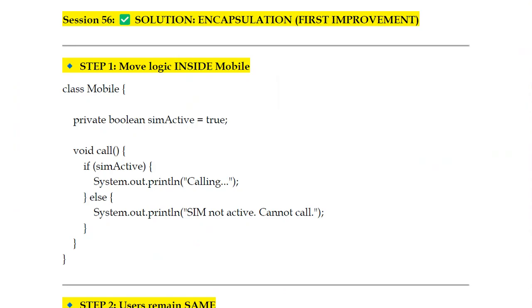Step number one: create one class, Mobile, and set this line in the Mobile class alone. What's the logic? Private, because encapsulation means making the data members private and wrapping data members and methods into a single entity. Just like a capsule, which protects from outer attack.